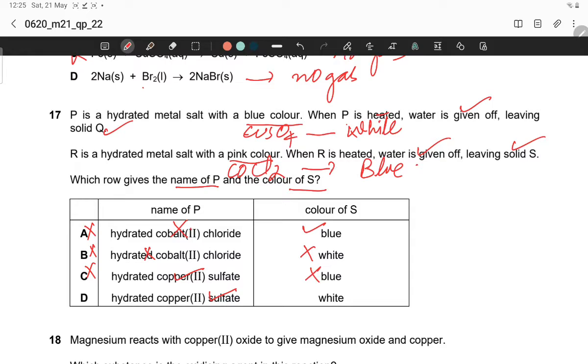Yes, it is true, so this option must be correct. Color of S is not white. Color of S is blue, so this is incorrect. Hydrated copper 2 sulfate, name of P and color of S is incorrect. So C option is correct.